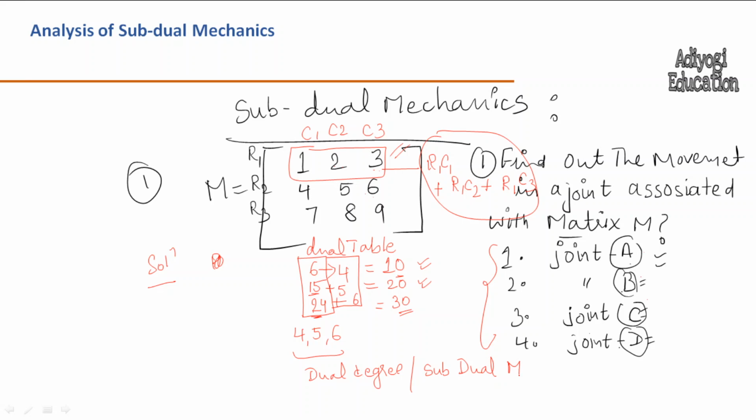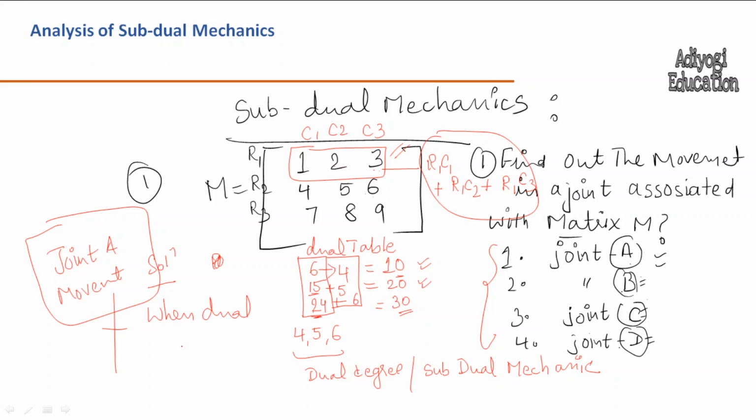What is the definition of a joint A moment? The definition of a joint A moment is when the dual degree values are continuous in nature.